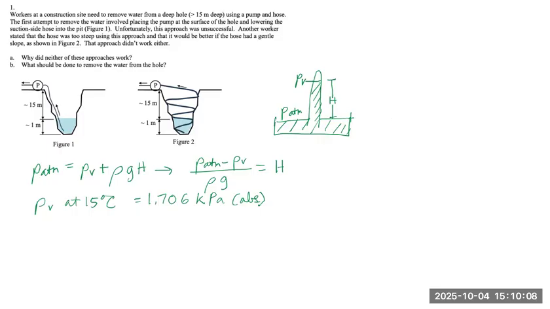Absolute pressure is defined as the total pressure at a given point measured from absolute zero, and gauge pressure is measured relative to atmospheric pressure.